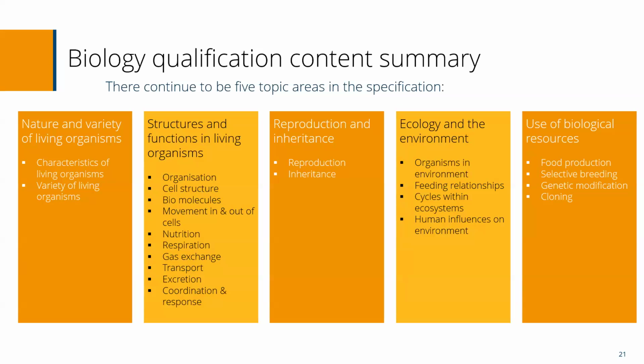So you've got the nature and variety of living organisms, the structure and function in living organisms, which is the big one, the traditional core biology, all the chunks of what people regard as the core biology is in there. Reproduction and inheritance, increasingly important now as we look at the impact of genetics on our food production and understanding of disease and so on.